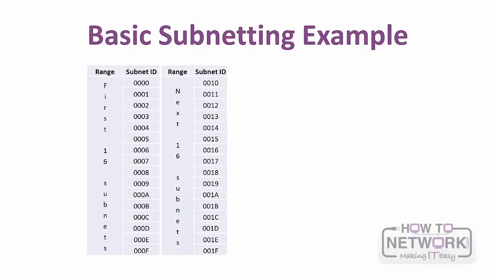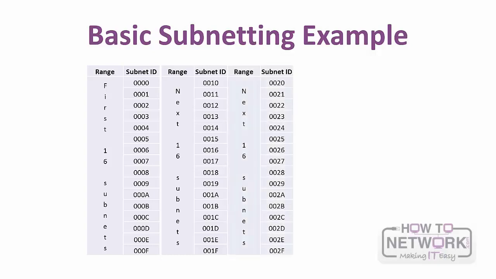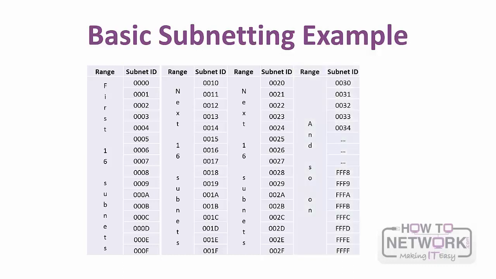The next 16 subnets begin with 0010 and end with 001F. Again, the next 16 subnets begin with 0020 and end with 002F. And so on, until we reach the final 16 subnets, which begin with FFF0 and end with FFFF.